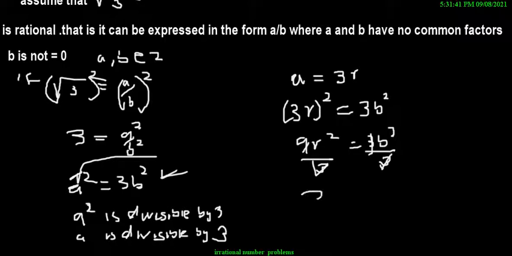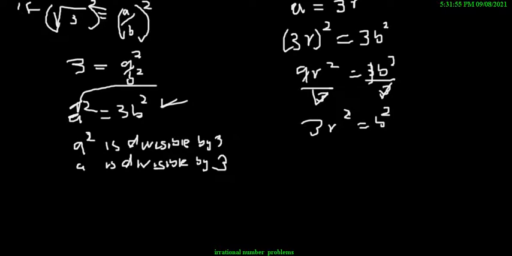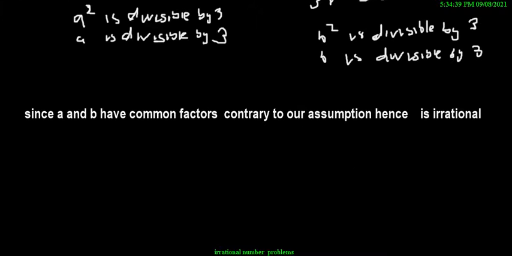What we have is 3r squared is equal to b squared. So as you can see, since b squared is equal to 3r squared, b squared is divisible by 3, so b is also divisible by 3.